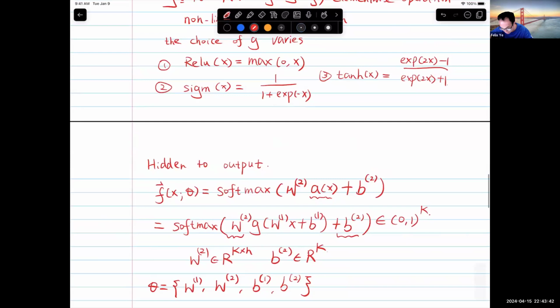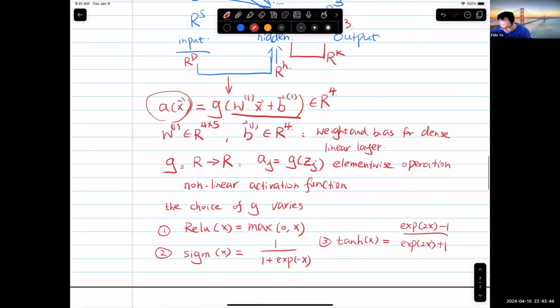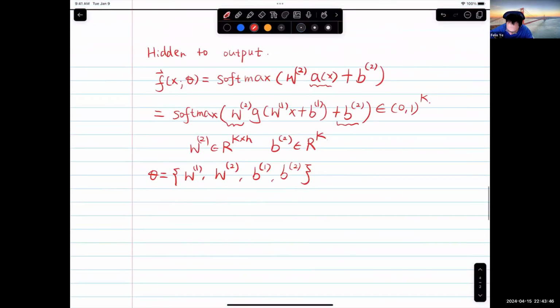W1 here is 4 by 5. W2 here is 3 by 4. b1 has 4, b2 has 3. This is the number of parameters that need to be estimated.